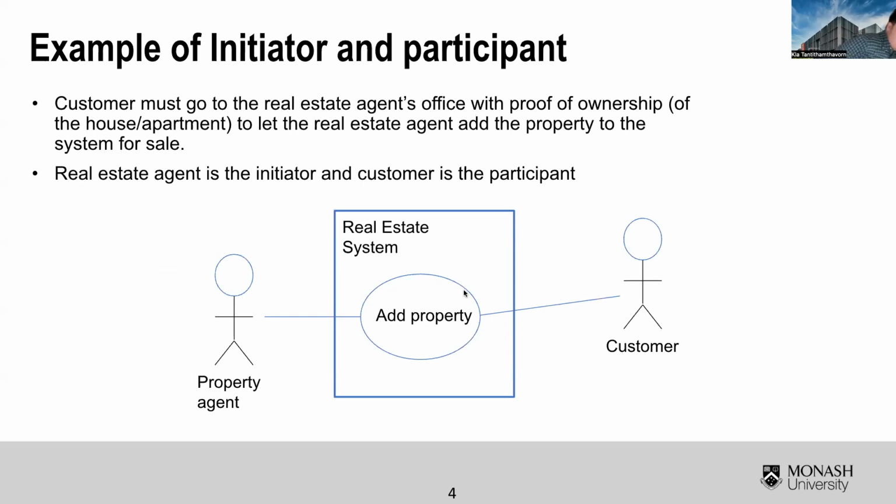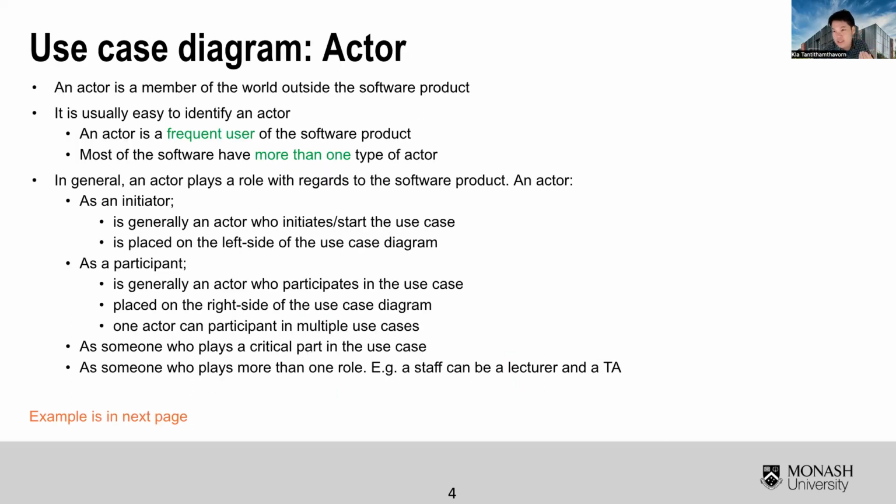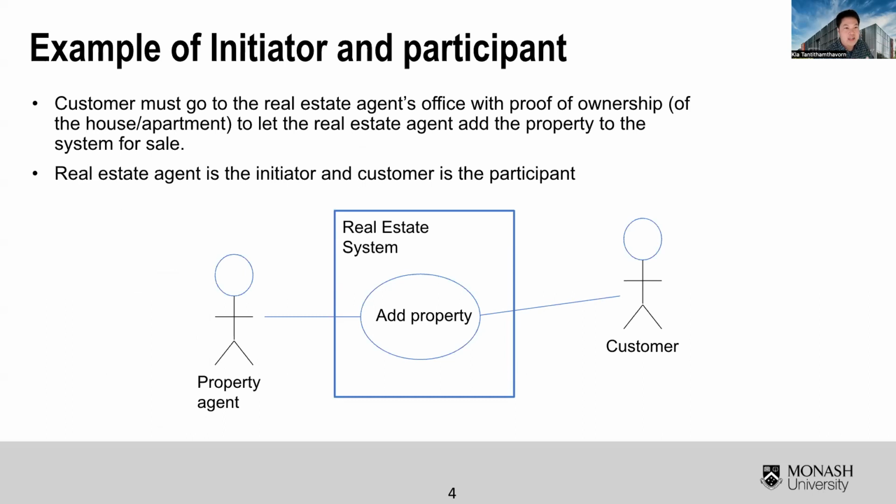Okay, all right, let's take a look at an example of the initiator and the participant. Initiator and participant actor, two types here. This is a real estate system, okay? Can we look at the property without creating it or not?